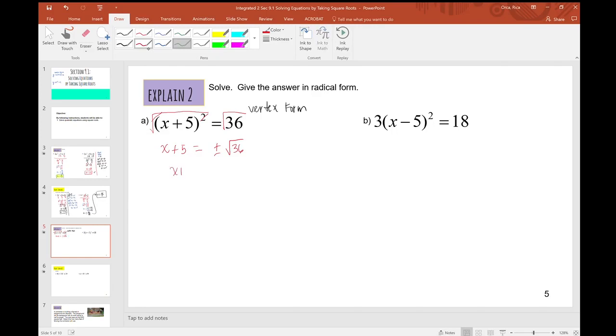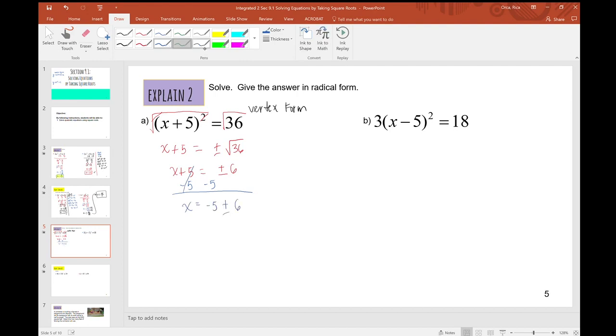Which is the same thing as x plus 5 is equal to plus or minus 6, since the square root of 36 is 6. Now we want to isolate x, so let's subtract 5 from both sides. x will equal -5 plus or minus 6.